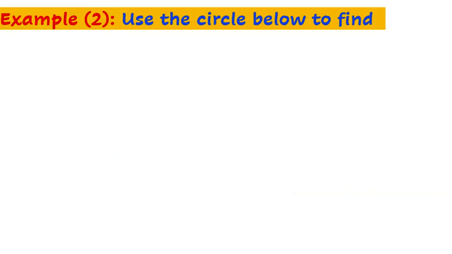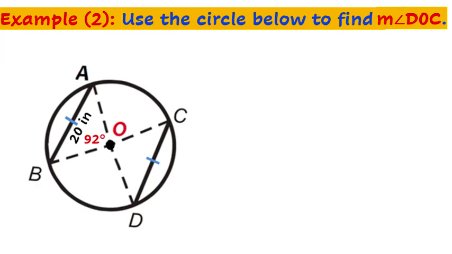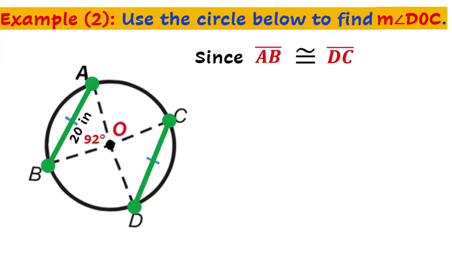Example number 2. Use the circles below to find the measure of angle DOC. We have a circle with two congruent chords. AB is congruent to the chord DC.